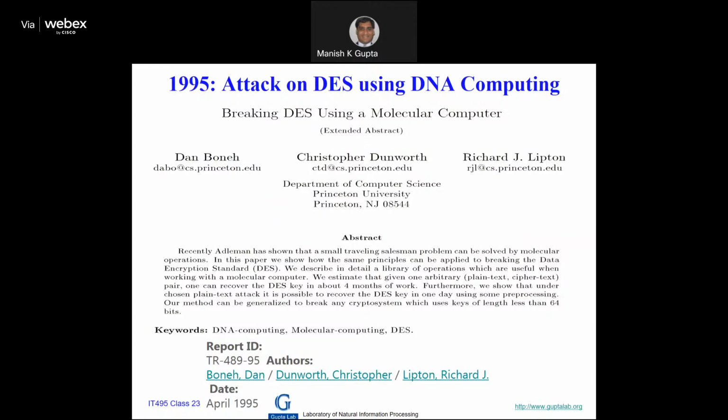Furthermore, we show that under a chosen plaintext attack, it is possible to recover the DES key in 1 day using some pre-processing. Our method can be generalized to break any crypto system which uses keys of length less than 64 bits. You see, this is the interesting thing they have done, all experimentally. This is something you should know, the test tube business as well.